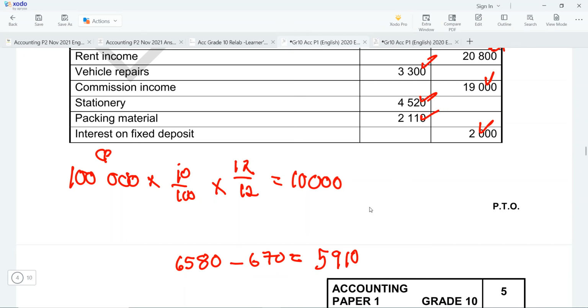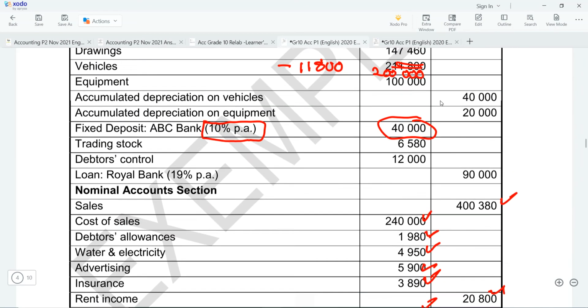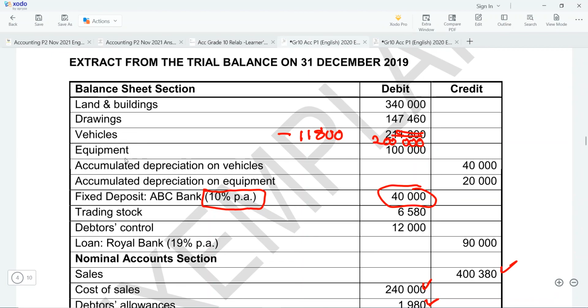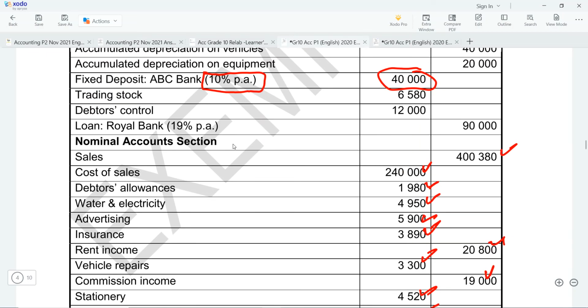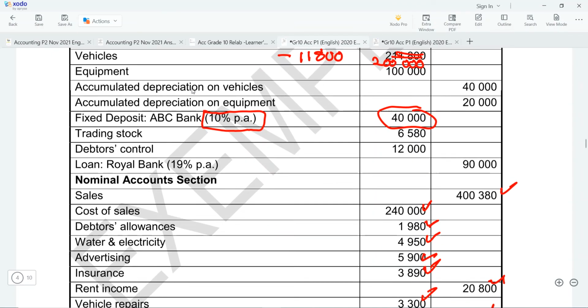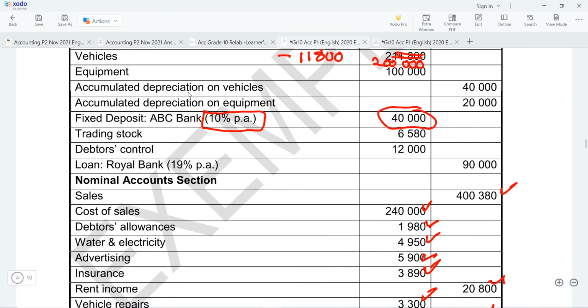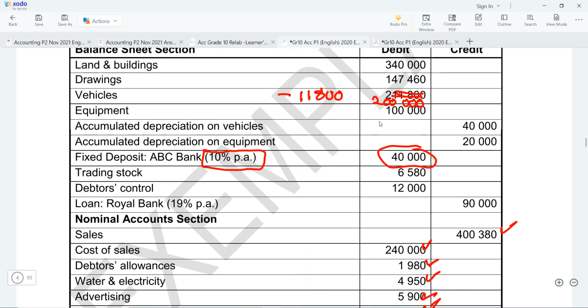The second part, they are saying that on vehicles, they calculate on carrying value. So meaning that you have to get your carrying value first. Remember, our updated cost price is 200,000, right? So we're going to say 200,000 minus our accumulated depreciation on vehicles, which is 40,000.